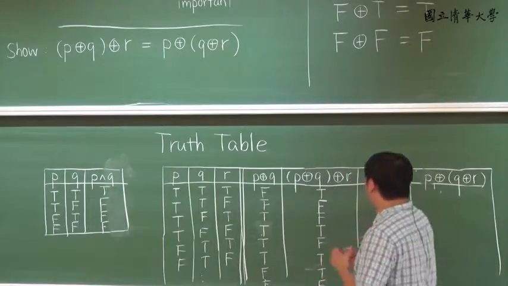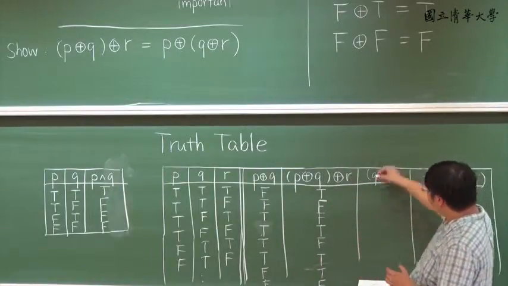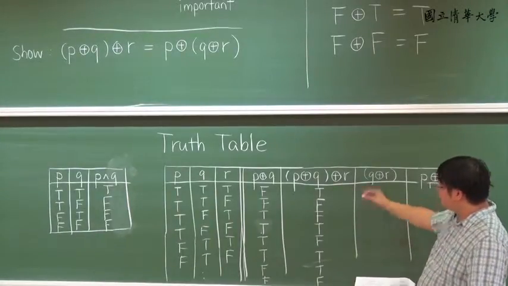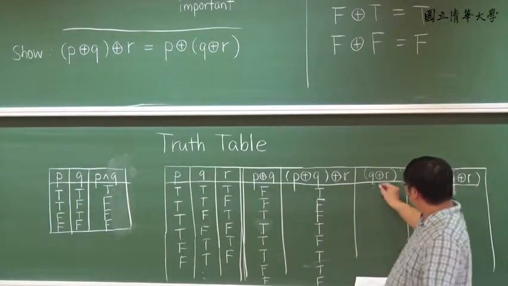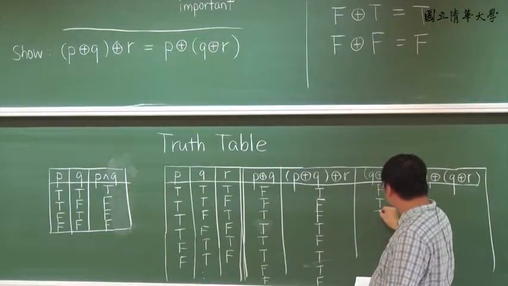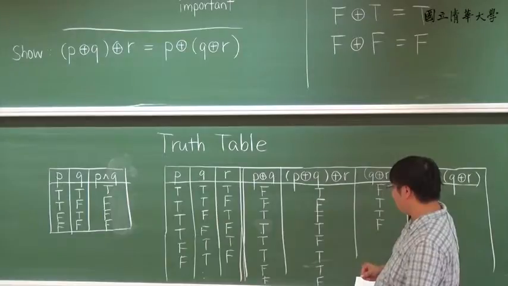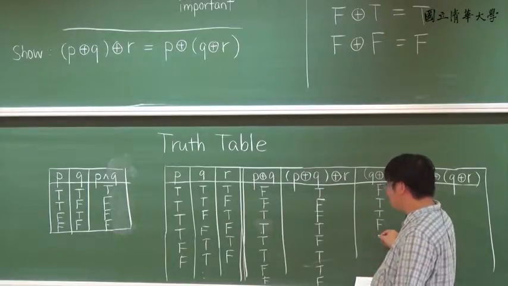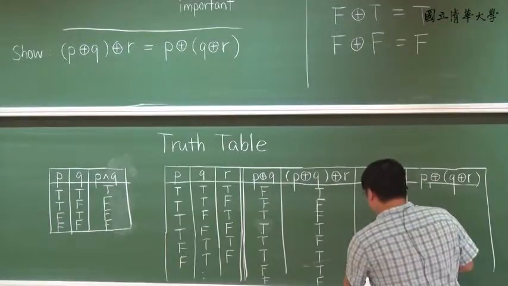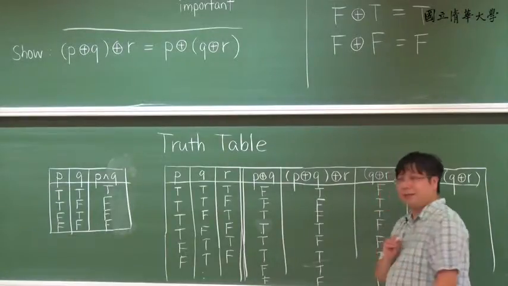Okay, and similarly we can do Q exclusive or R, and this time it is just based on Q and R. So here it will be false, true, true, false, and then again, very good. Yes, false, true, true, false. Is that okay?